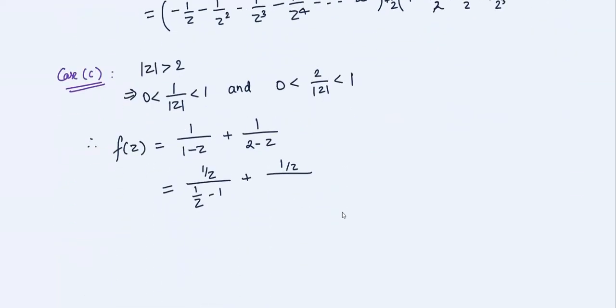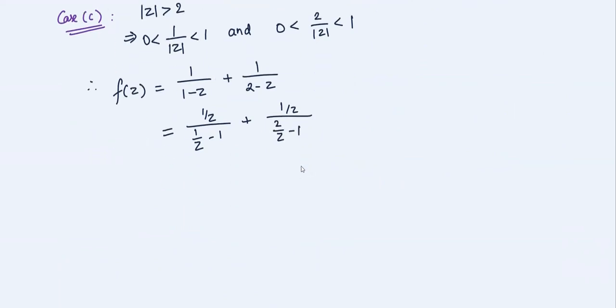Now here, this we divide by z this time. So minus 1 by z times 1 by 1 minus 1 over z, minus 1 by z times 1 by 1 minus 2 over z.